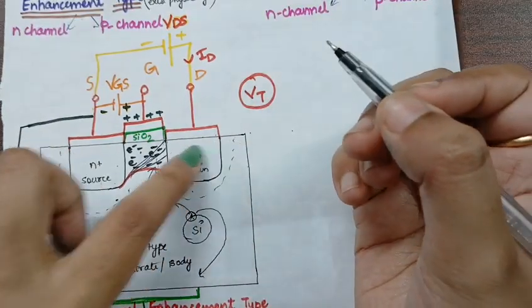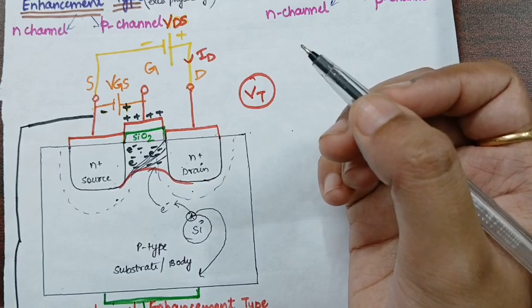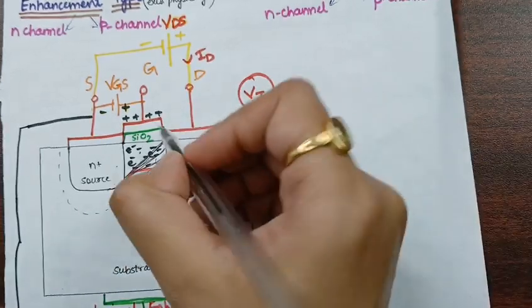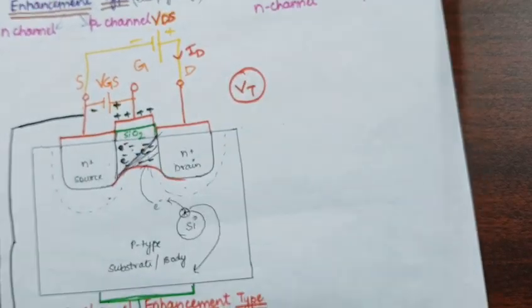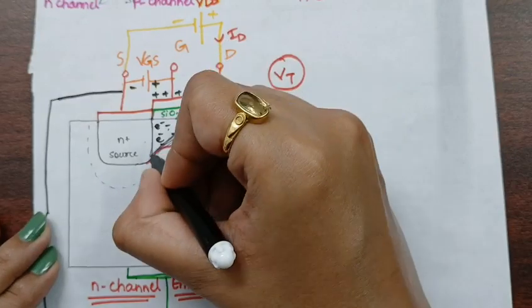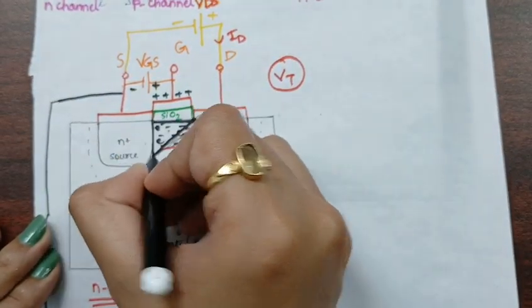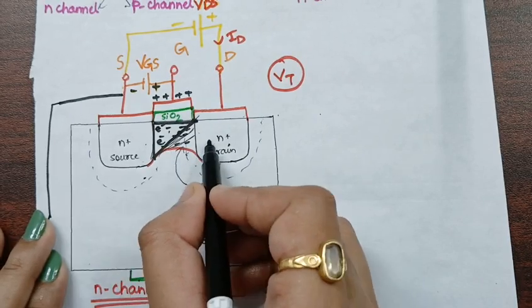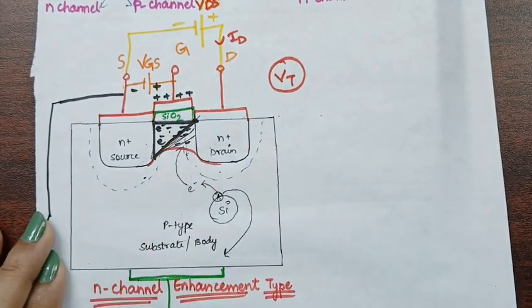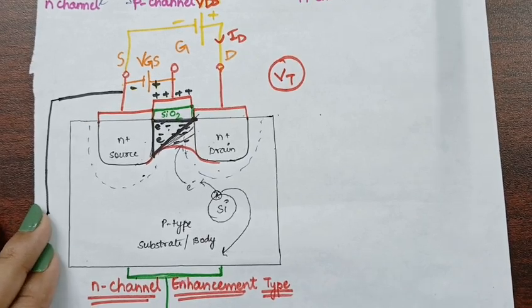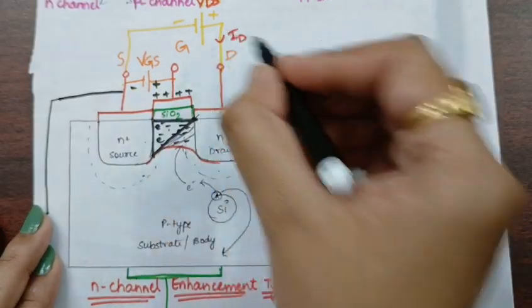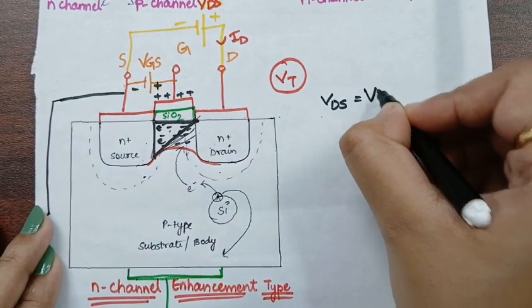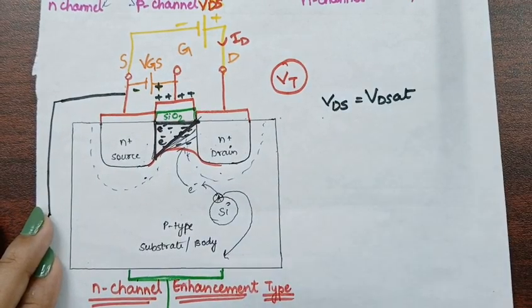That is, there will be no flow of further current. That situation is called the pinch-off situation. That is, the channel will be left only this much. As there is no contact over here, there will be no flow of current. Clear? So this value of VDS is called VDsat, that is saturation voltage.